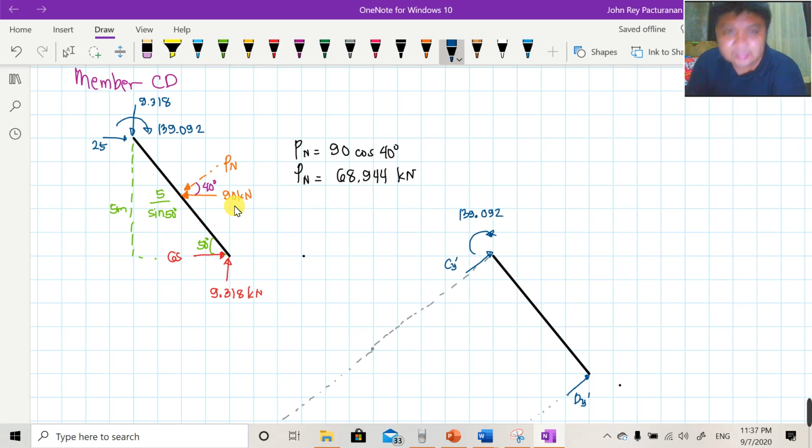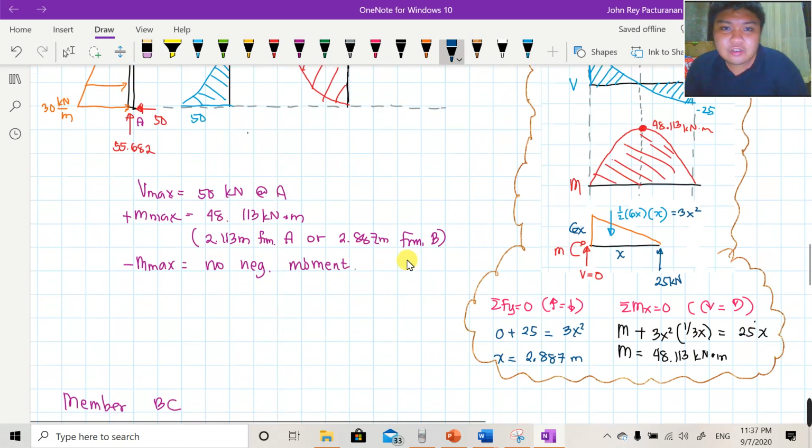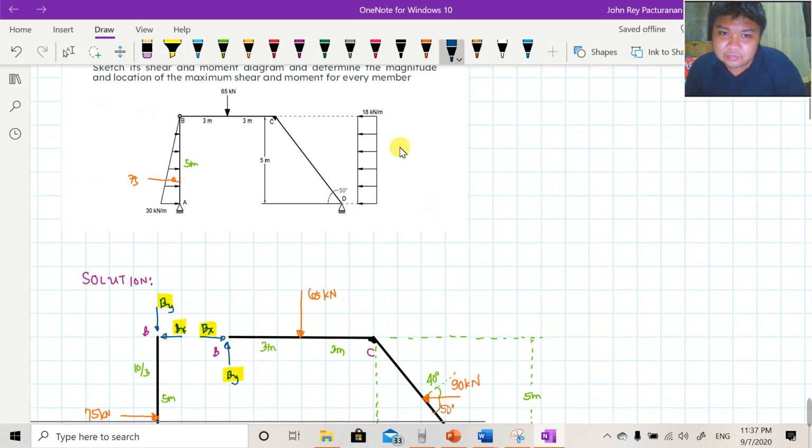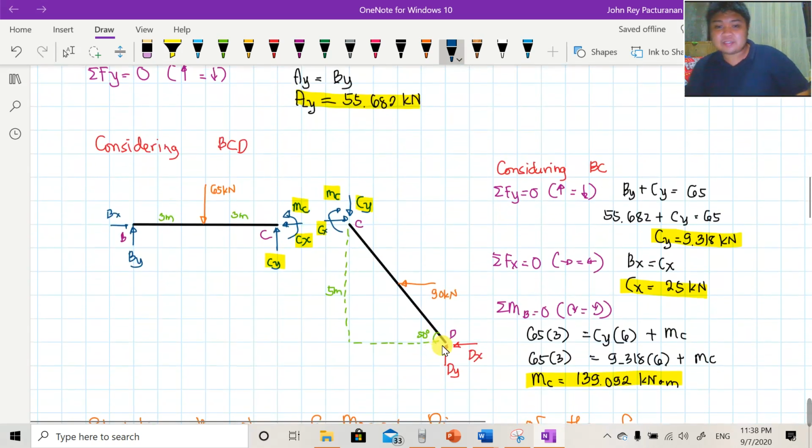So, ano nang mangyayari class pala dito? Itong 68.944 na na-compute na natin, originally, that is a uniform load. So, dapat mag-reflect din siya class sa drawing natin as uniform load. Yun talagang principle: kung triangle siya, dapat mag-reflect siya sa drawing nyo as triangle. Yun ang concept ng pag-i-sketch natin class.